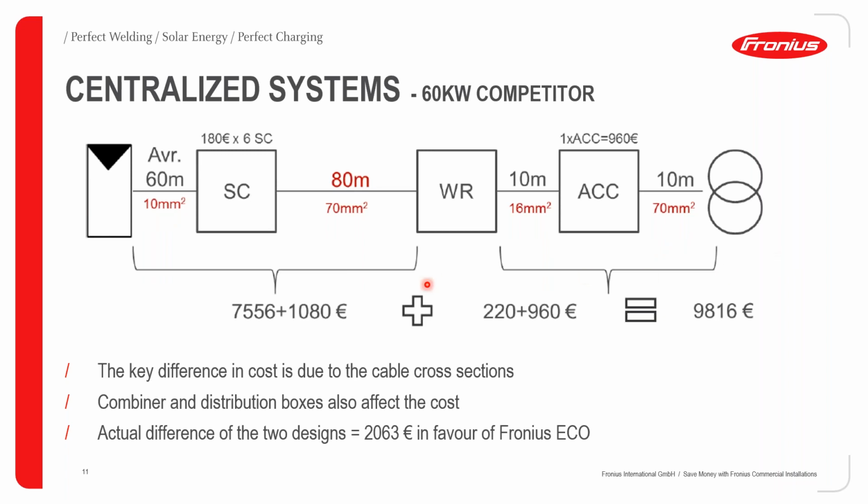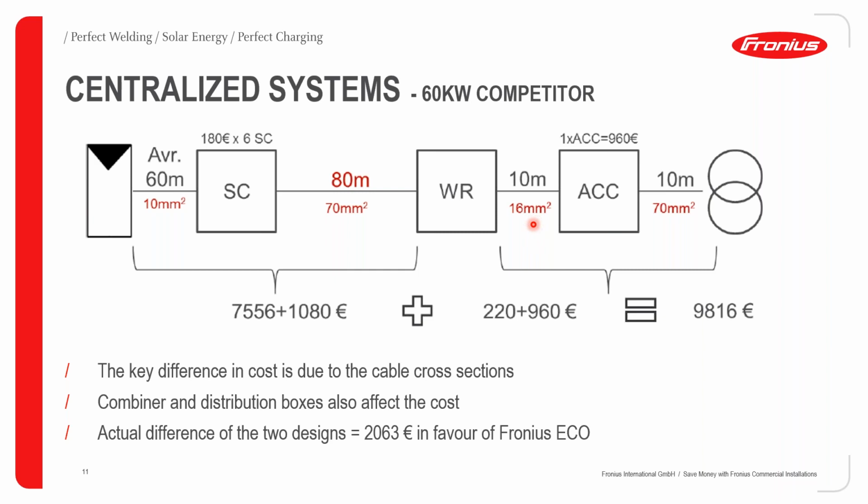In comparison, let's look at the 60 kilowatt competitor that we are comparing this setup with for balance of system costs. The average distances are almost the same, with a slight increase for the panel to the string combiner section here. And the AC distances remain pretty much the same.